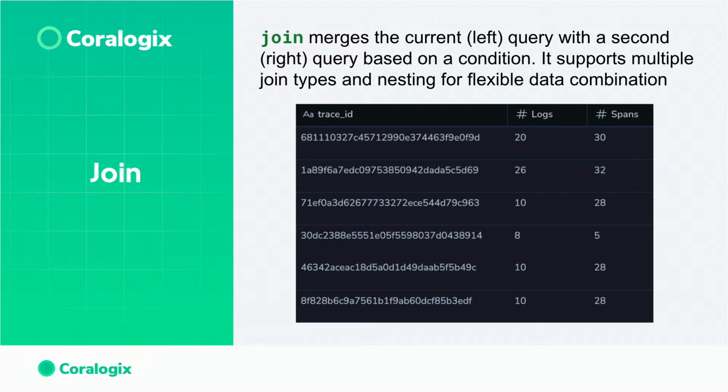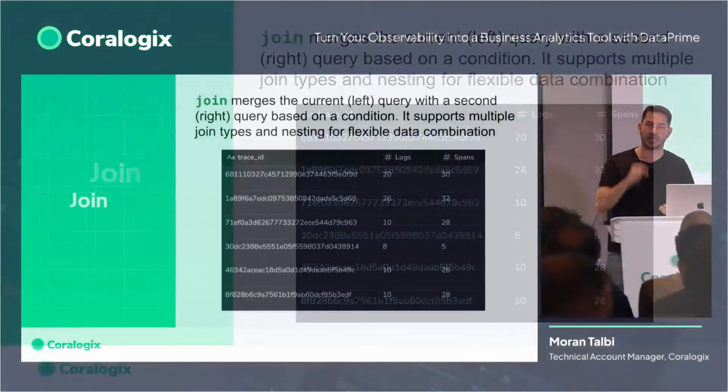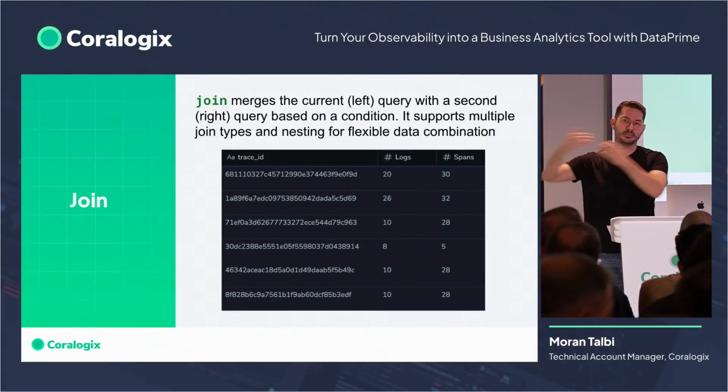If you're not familiar with the concept of tracing and spans, a span is the smallest logical unit in a trace. A trace represents the journey of a request end to end, from when the user clicked something on the screen all the way to the database and back.